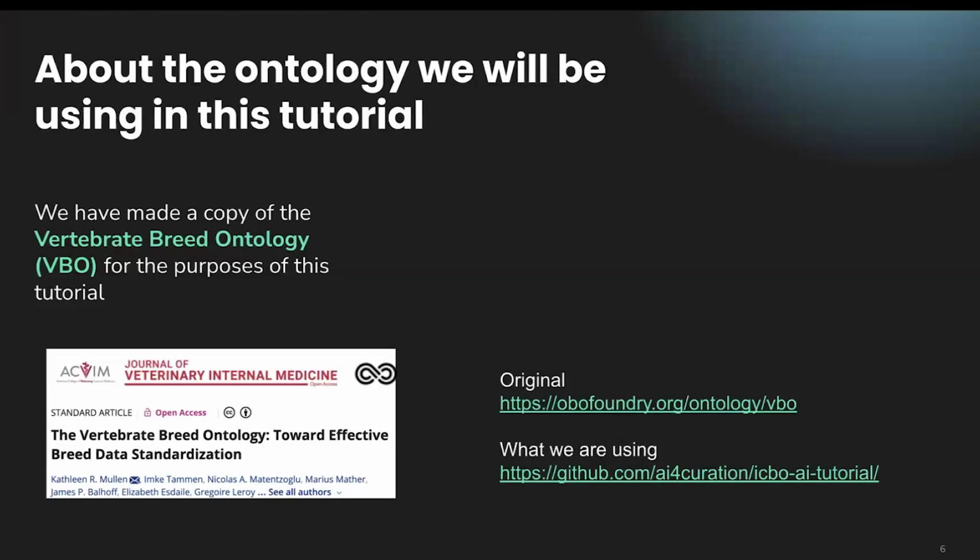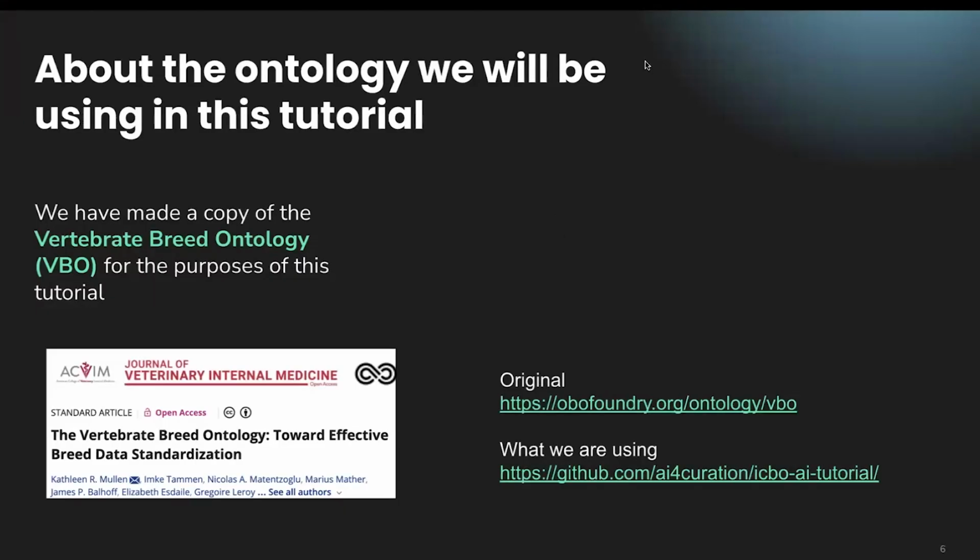Good morning, good afternoon, everyone. My name is Sabrina, and I will tell you about the ontology that we are going to use today for doing our exercises. The ontology is called the Vertebrate Breed Ontology, or VBO.